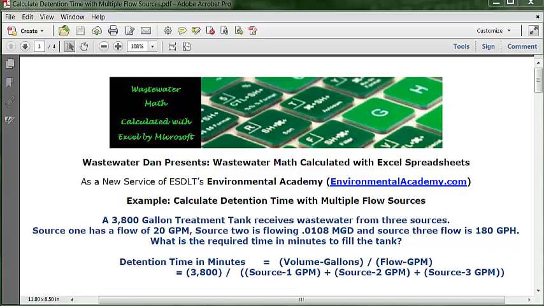So I have published separate standalone videos to convert the 2 flows that are not here in GPM. One to convert the GPH to GPM, and another one to convert the mgd to GPM.